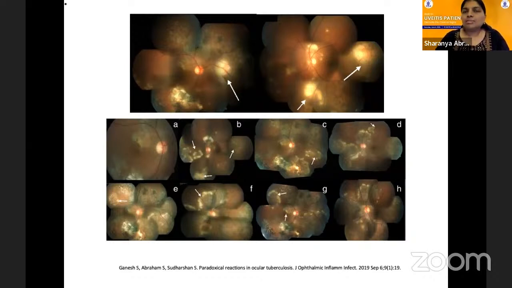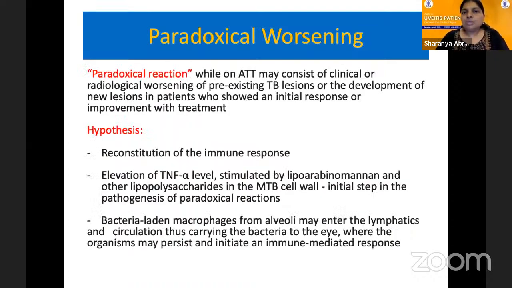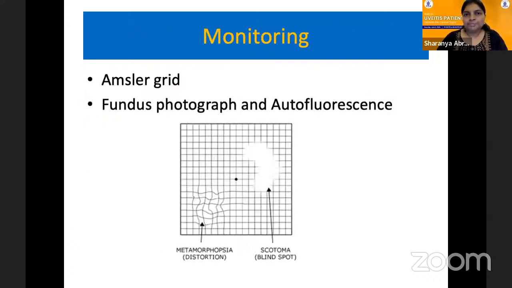This is known as a paradoxical worsening, where the lesions that were initially responding well have a reactivation, or you have a new lesion in a new site. While on ATT, it could be either a clinical worsening or a radiological worsening, and the hypotheses include either a reconstitution of the immune response or an elevation of tumor necrosis factor level in the mycobacterial cell wall.